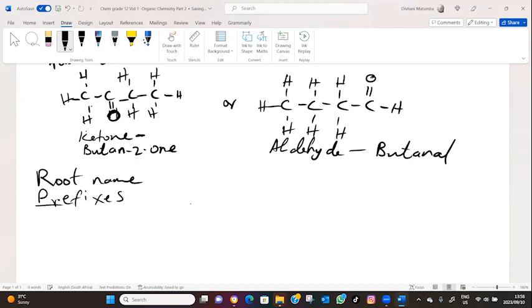Pre means before. The prefixes that we're gonna use. We've already discussed the root names, your alkanes, ANE, your ENE, and so forth.